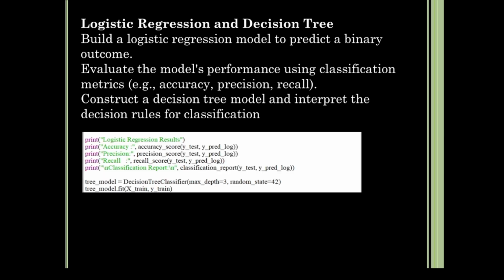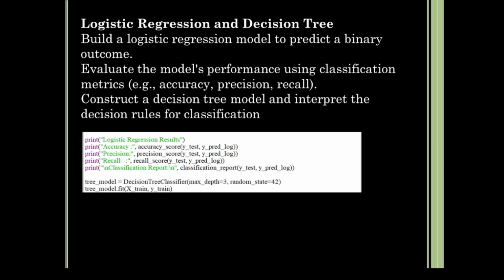Next we have print logistic regression results, just a title. Next we have print accuracy_score(y_test, y_predict_log). The formula for accuracy is the correct predictions divided by the total predictions. Next we have print precision, precision_score(y_test, y_predict_log). Precision is basically, out of the predicted positive cases, how many were correct.